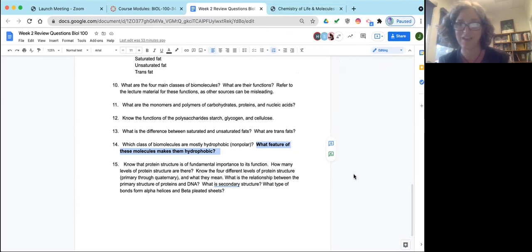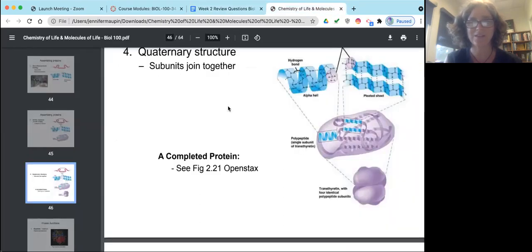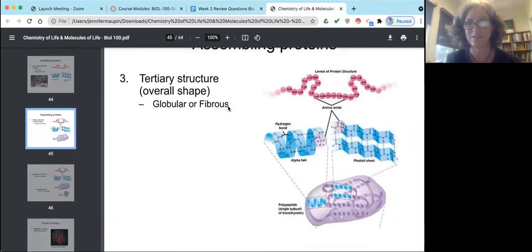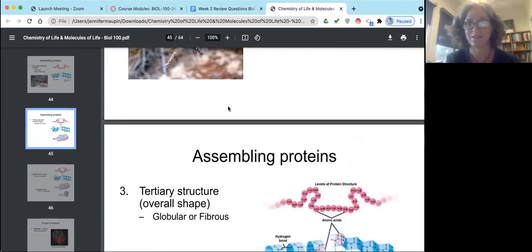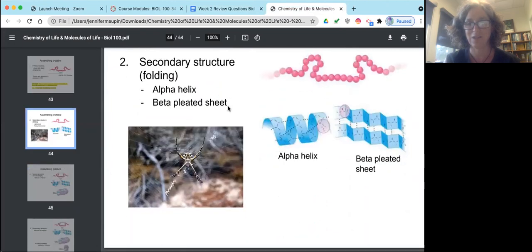And then what about this question? What is the relationship between the primary structure and DNA? So that's asking you about the relationship between that chain of amino acids and DNA. I'm going to go back over here.